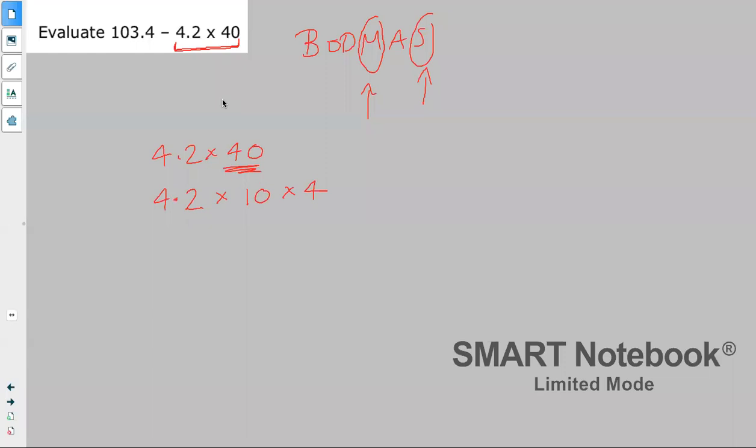If I do this part first, 4.2 multiplied by 10 is 42, and you multiply by 4. You want to do a bit of working at the side. 42 multiplied by 4. 4 times 2 is 8. 4 multiplied by 4 is 16. It's 168. Okay.